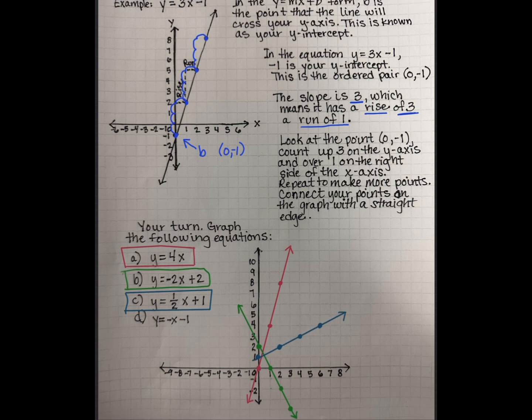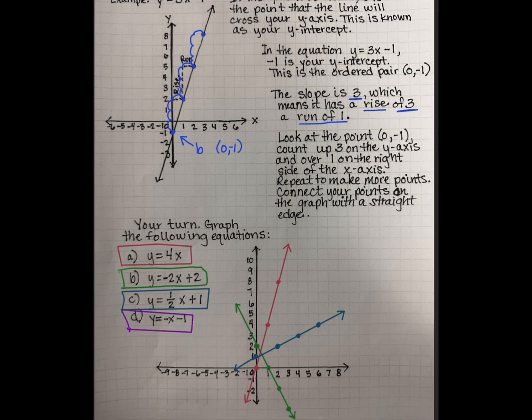In the final equation, I have y equals -x minus 1. That means that I need to start that graph at the point 0, -1. I'm going to show you this using purple.